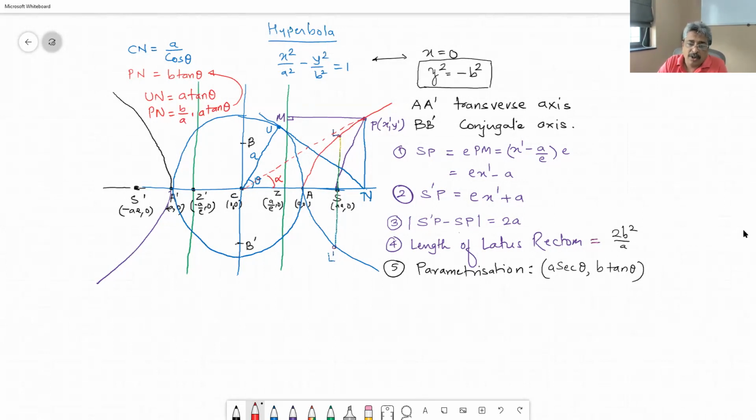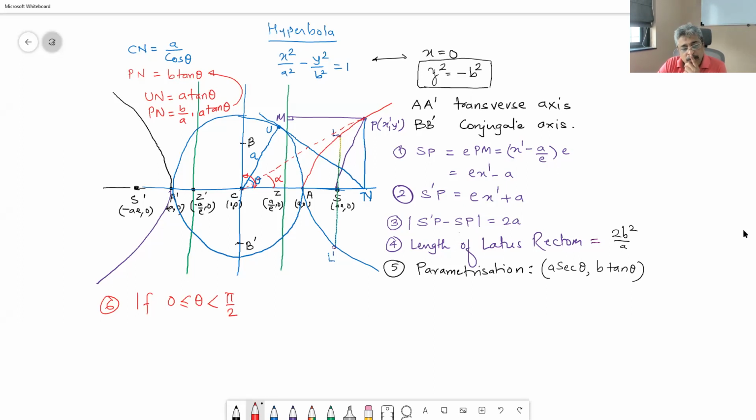Theta is under control. Now, if 0 is less than or equal to theta is less than pi by 2, in that case, which arm of hyperbola will you get? Now, the procedure you need to do is, if the angle is theta, that means from here you are allowed to draw CU from here to here, 0 to pi by 2.